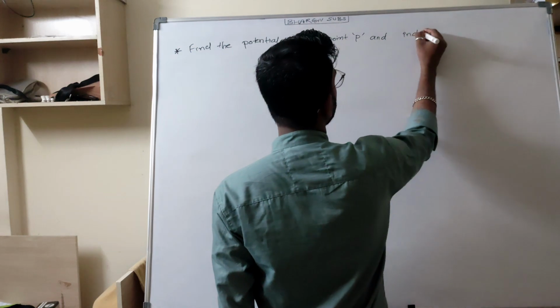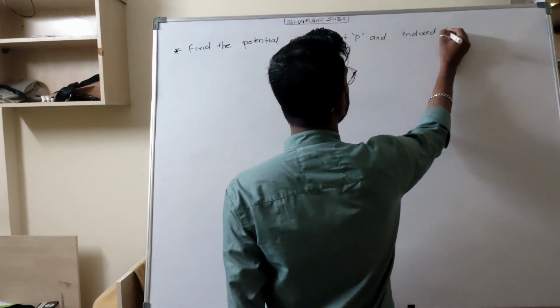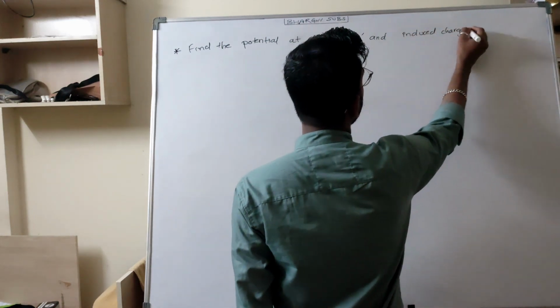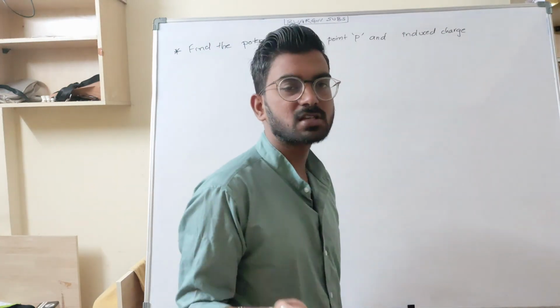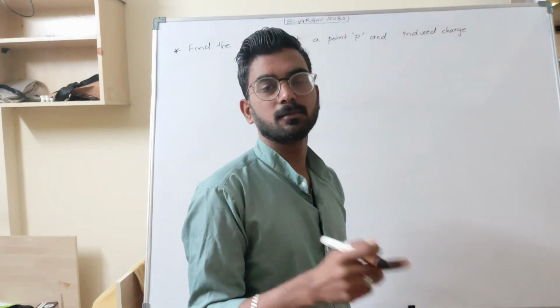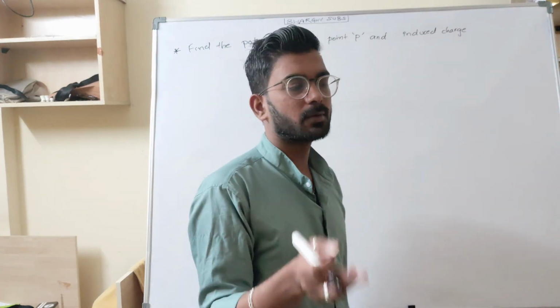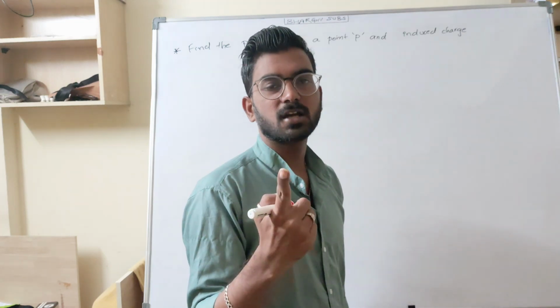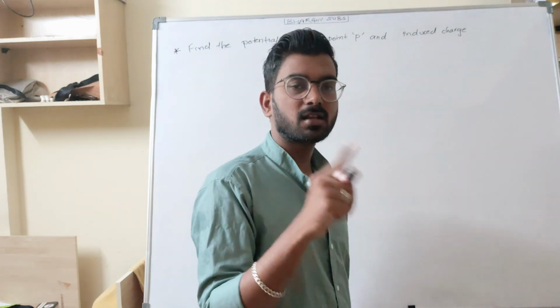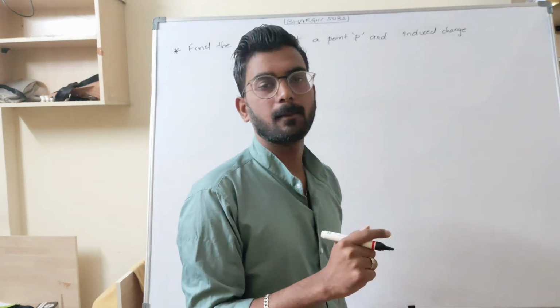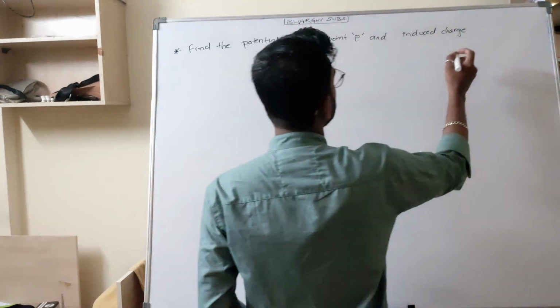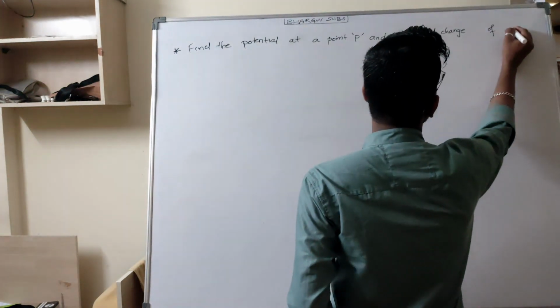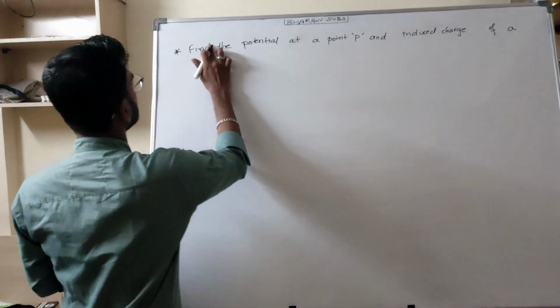I told you there is a charge induced due to the charge present outside. There is a charge induced inside the shell because the potential was 0. If there is a single charge present, then there is an induction of another single charge of opposite sign. So the induced charge of a grounded conducting shell.